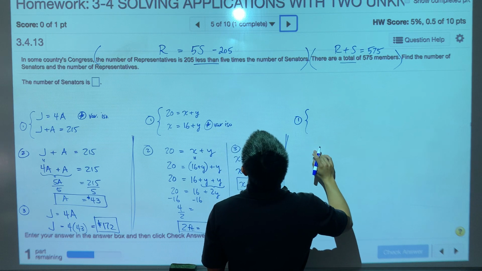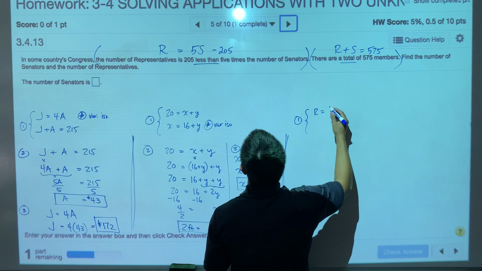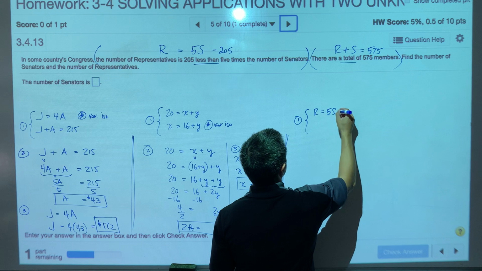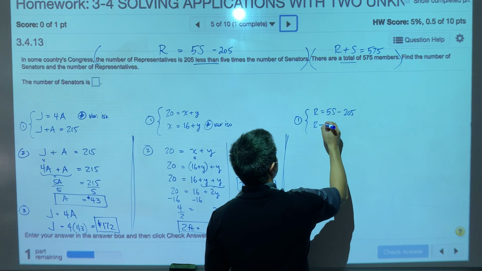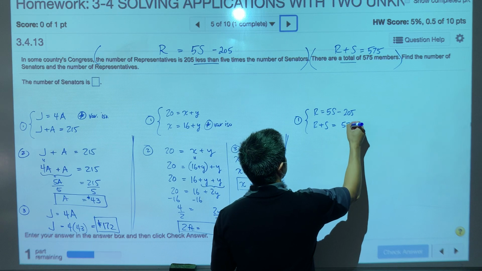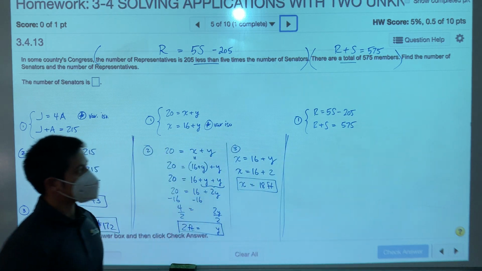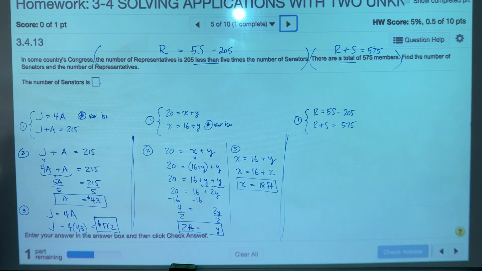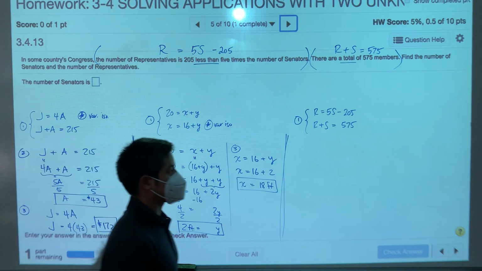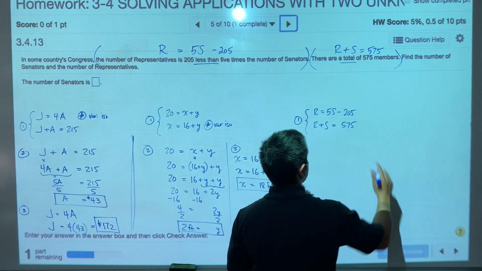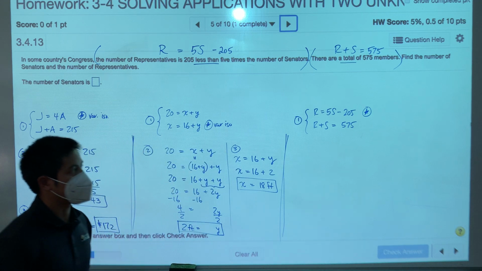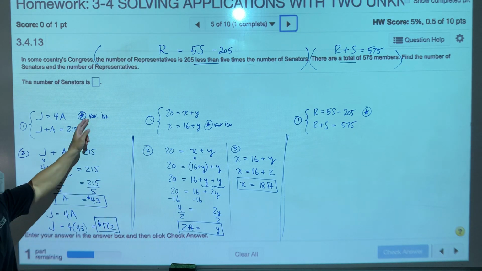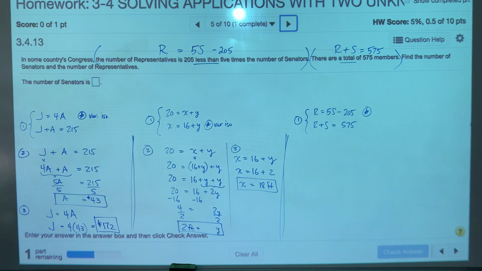Here we go. So I've got R equals 5S minus 205, and then I've got R plus S equals 575. Put a star on the equation where the variable is isolated. That would be this one for me. I'm not going to write it out. You guys know what the star means now.